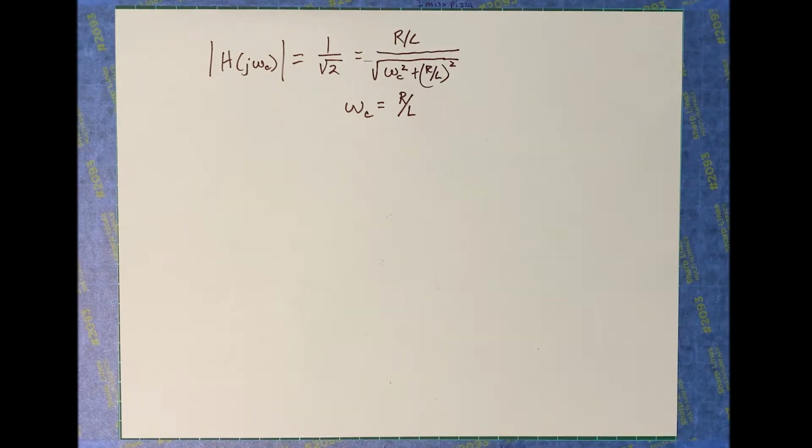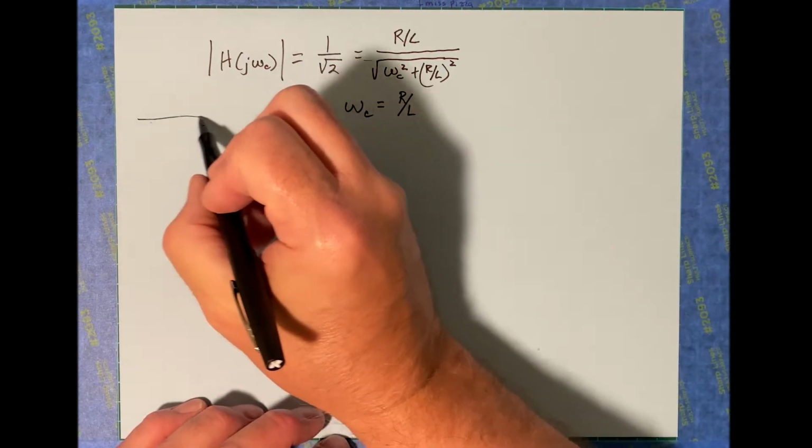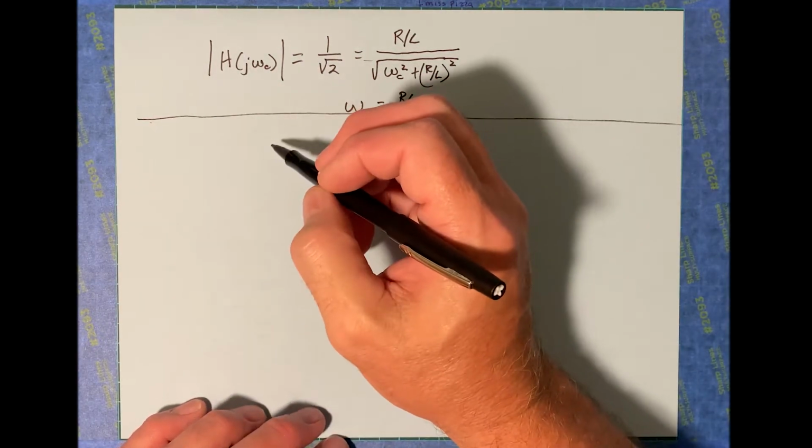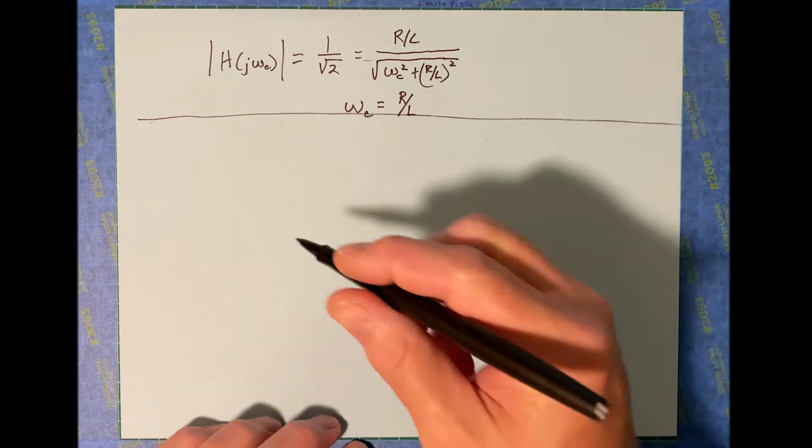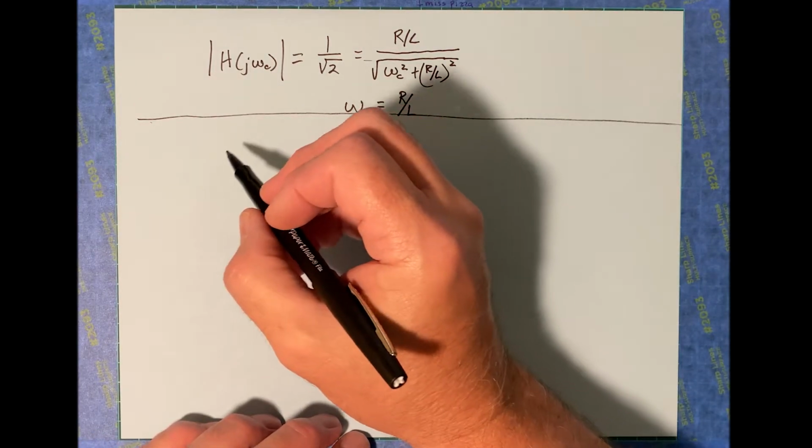So if that's the case, let's go through the process of designing our own low pass filter. I want to create a low-pass filter that will allow some frequency to pass through and not other frequencies. A good model for this is the human heartbeat.